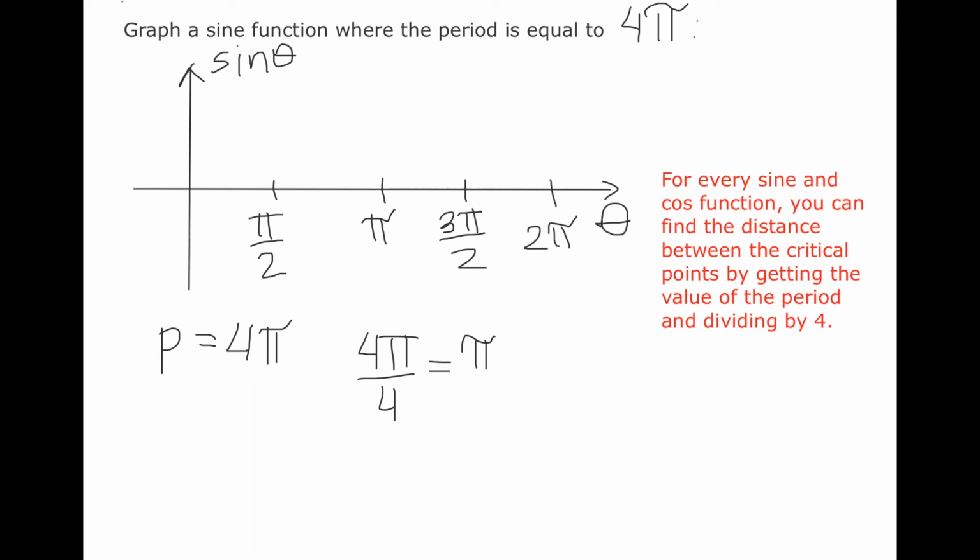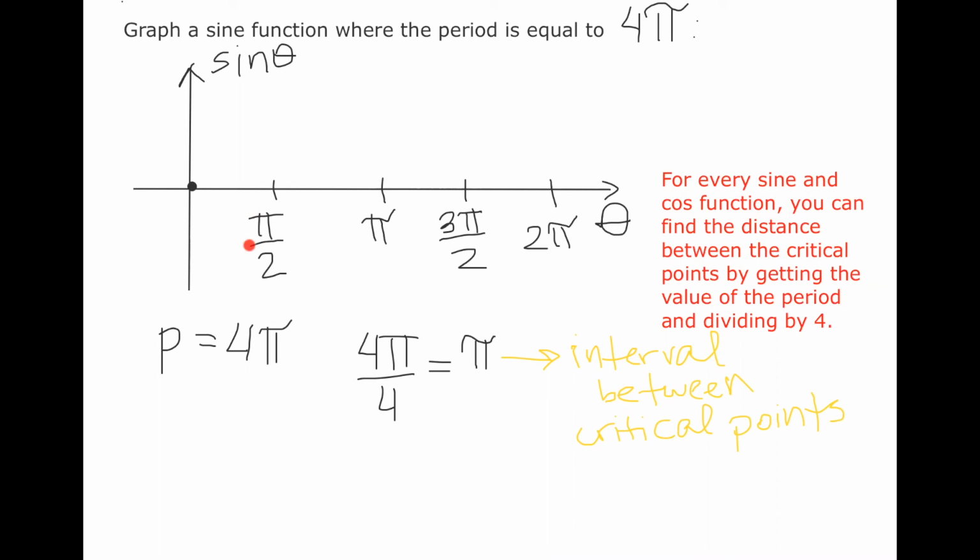This means that this is the interval between the critical points. So let's find this interval first. First thing is, it's a sine function, so the sine function always starts at 0, 0. Then you have your first critical point, but your first critical point is not going to be at pi over 2.